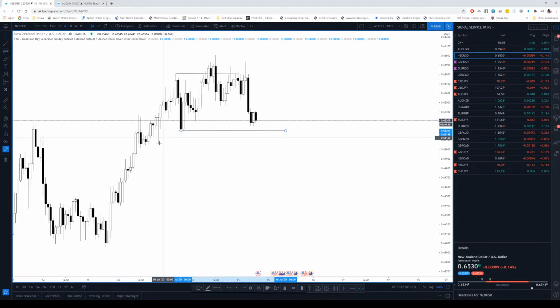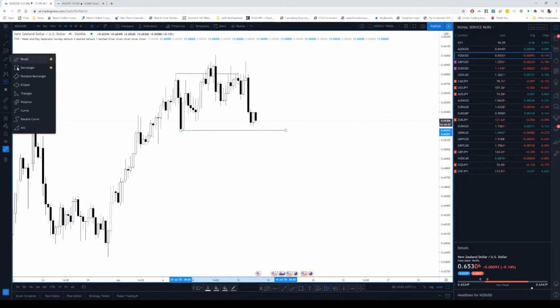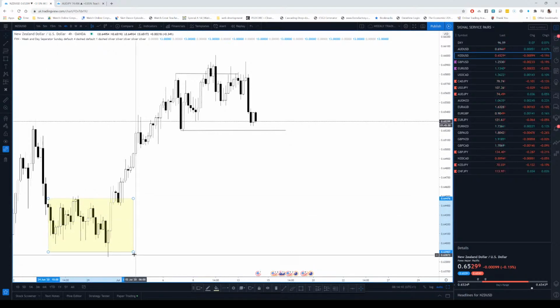I'll look for sells to come back down here. If we do break this low, I'll look for a retracement, and I'll be selling it to come back down somewhere in this consolidation, at least the 50% of the consolidation right there.